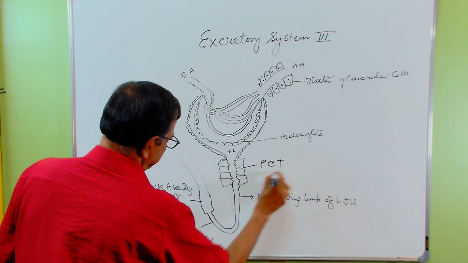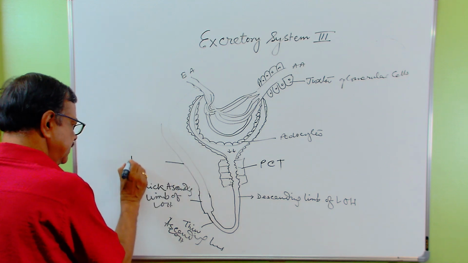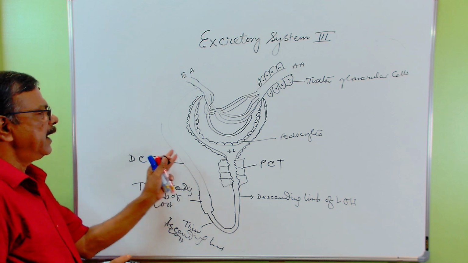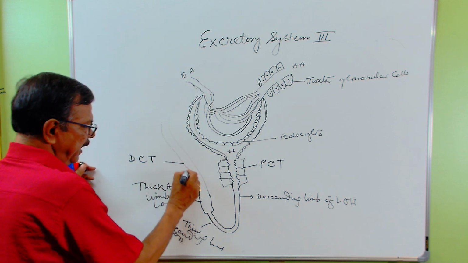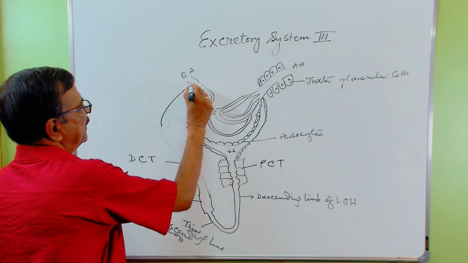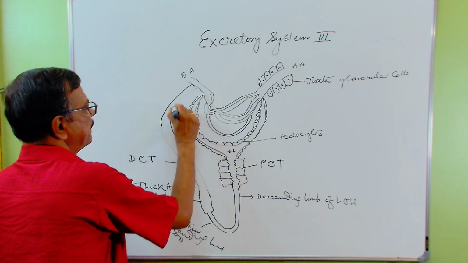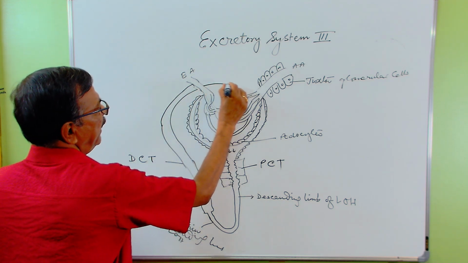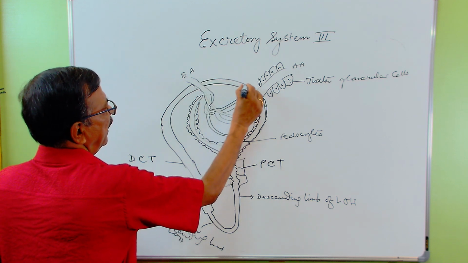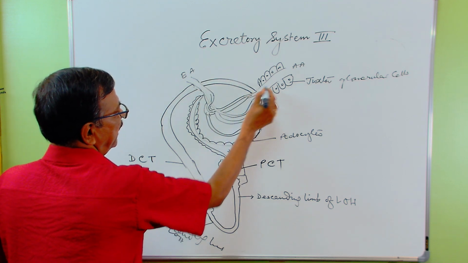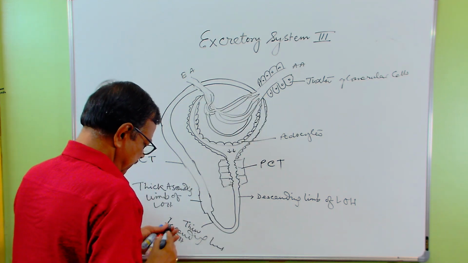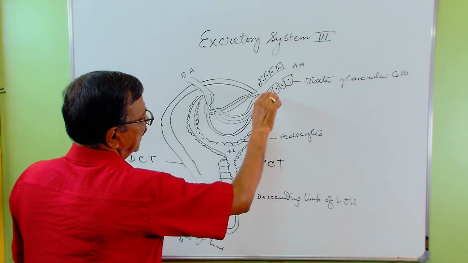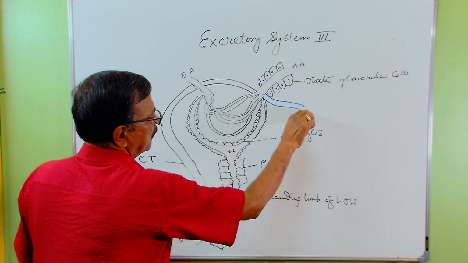This will be known as distal convoluted tubule. The distal convoluted tubule, along its way, again meets both the efferent and afferent arterioles. Let us make it a little bit colored. It mixes and it goes out.